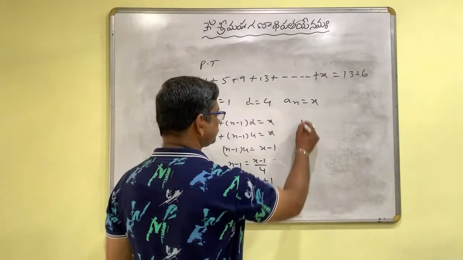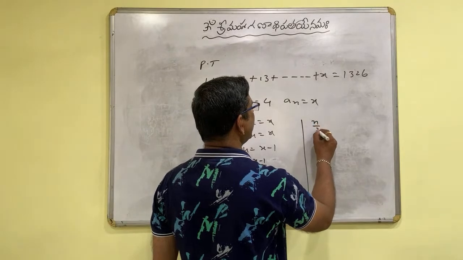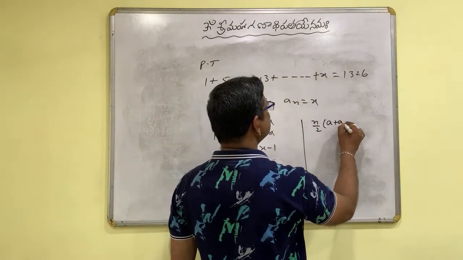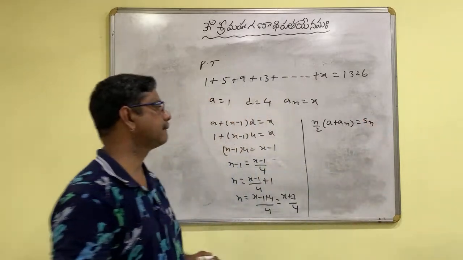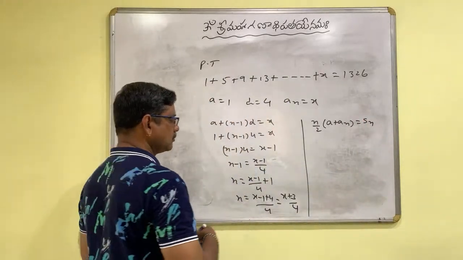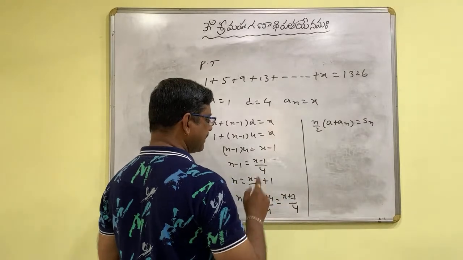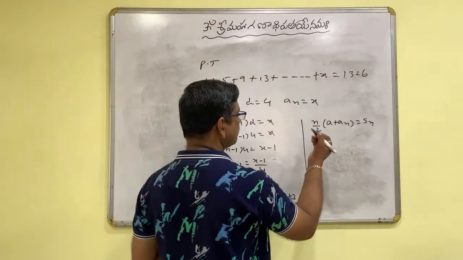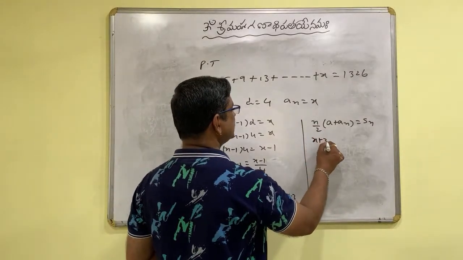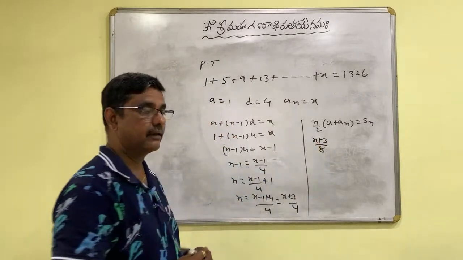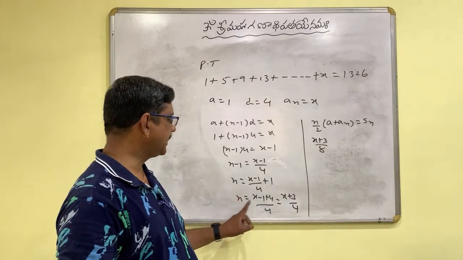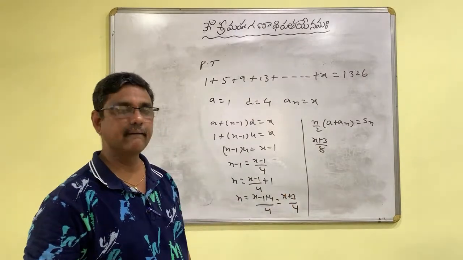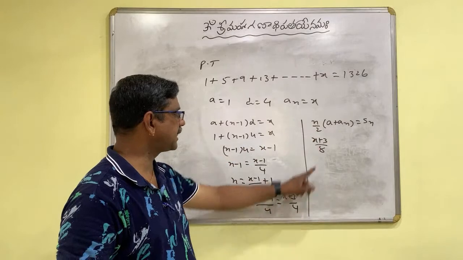How? n by 2 into A plus AN is equal to Sn. This is the formula. Now substitute the values. n is x plus 3 by 4, so n by 2 is x plus 3 by 8.